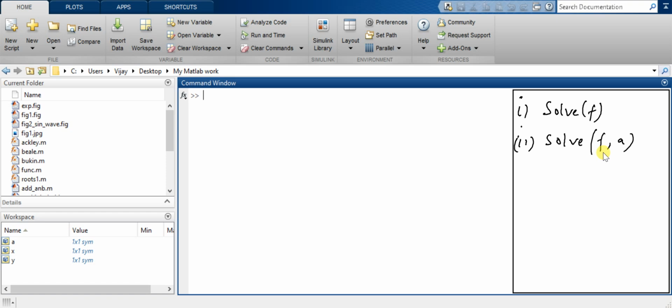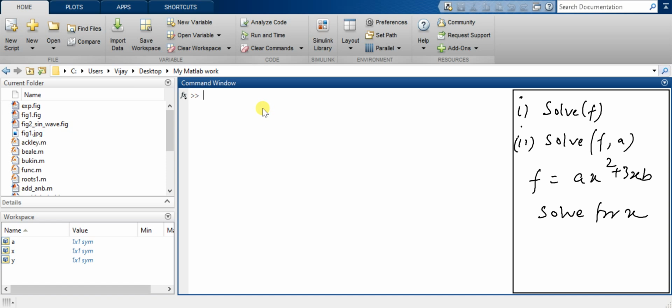The first example we consider is an expression f equal to a x square plus 3 x into b, and we have to solve this expression for x. So let's try to code this.